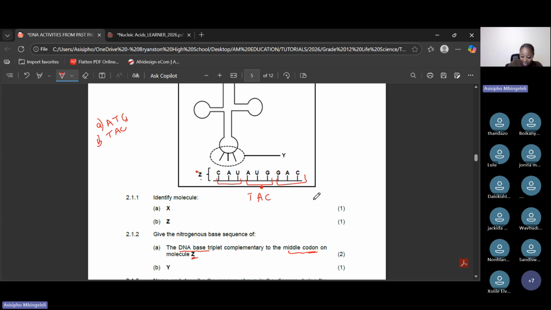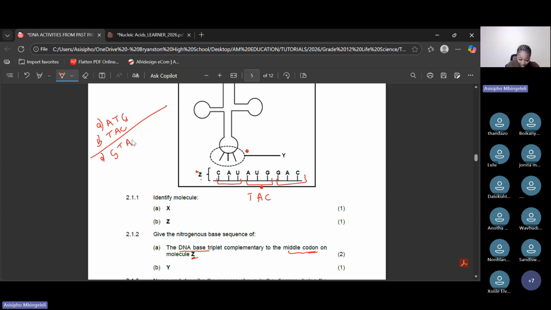Then bases at Y. Anota, please give me the bases. C, U, G. Bases at Y. Okay, at Y, it's going to be GTA.